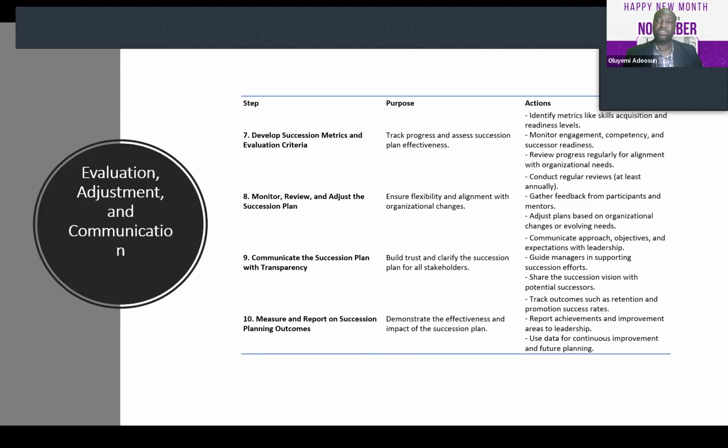Okay, so we need to monitor, review, and adjust the succession plan. One of the reasons why you need to do this is, as you are planning and grooming people, some of them will leave. There's nothing you can do. In fact, the succession plan you have put in place will make them, don't forget that these are high-profile people anyway. You have now intensified your training, your assignments, your assessments.